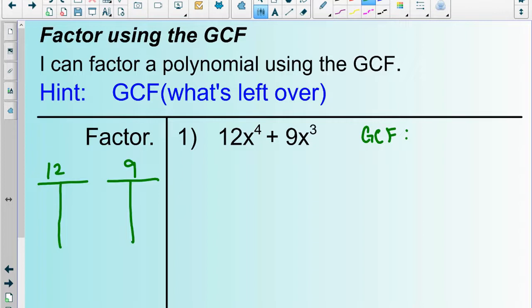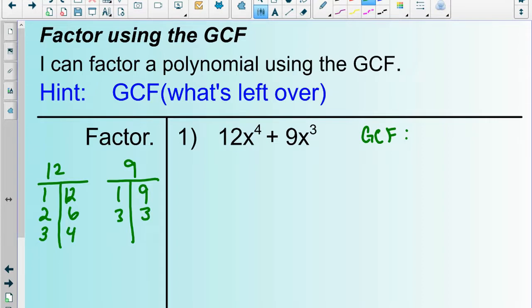And we just list the factor pairs. 12 can be written as 1 times 12, or 2 times 6, or 3 times 4. And that's it, because then you're back to 4 times 3, 5 doesn't go, and you're at 6 times 2, and eventually 12 times 1. With 9, it's really just 1 times 9 and 3 times 3. So the factors of 9 are just 1, 3, and 9.